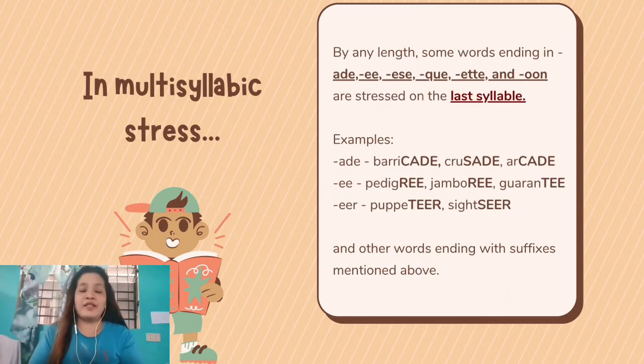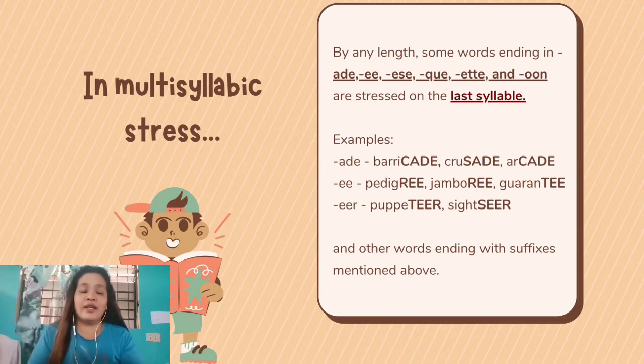By any length, some words ending in aid, ee, ear, ese, et, ique, and oon are stressed on the last syllable. The examples on aid are barricade, crusade, arcade.